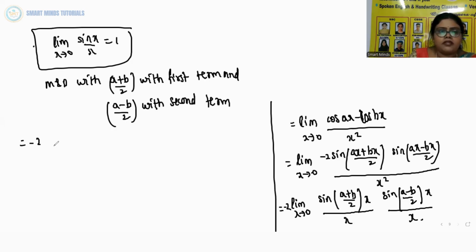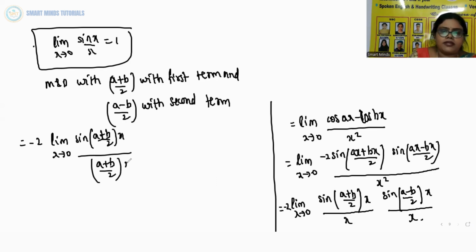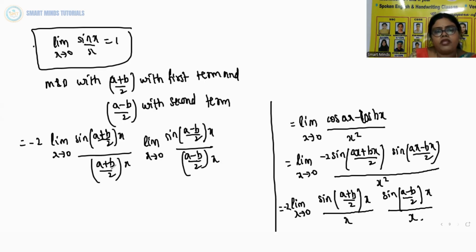So that is minus 2, limit x tends to 0, sine of (a plus b) by 2 into x by (a plus b) by 2 into x. Now the same way, limit x tends to 0, sine of (a minus b) by 2 into x by (a minus b) by 2 into x. Over here we have divided with that term. Now we have to multiply also.